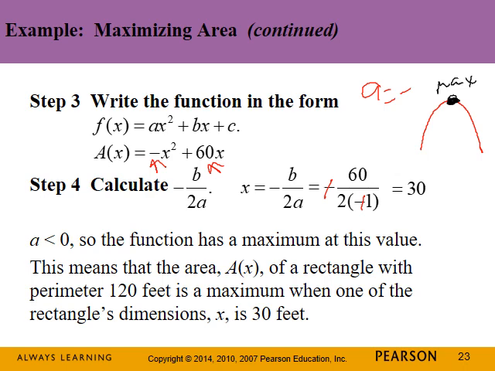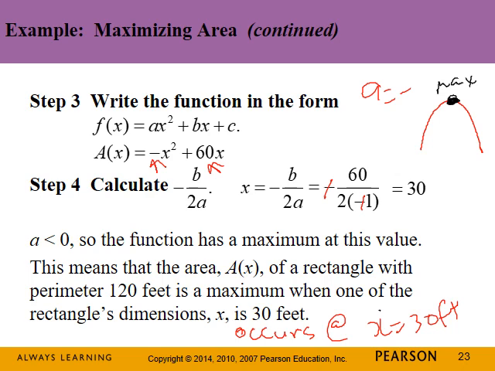So since we know that it opens down, it has a high point. That high point is the maximum. The maximum occurs, let me write it in red, the maximum occurs at x equals 30 feet.